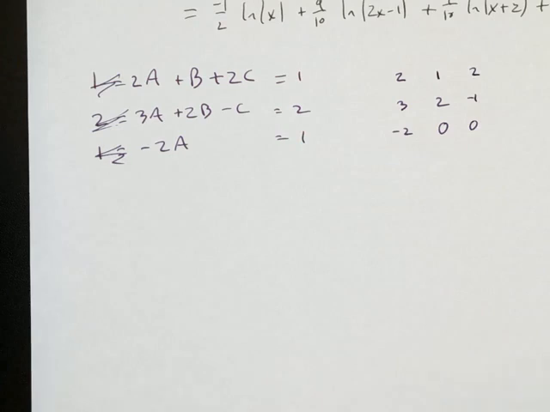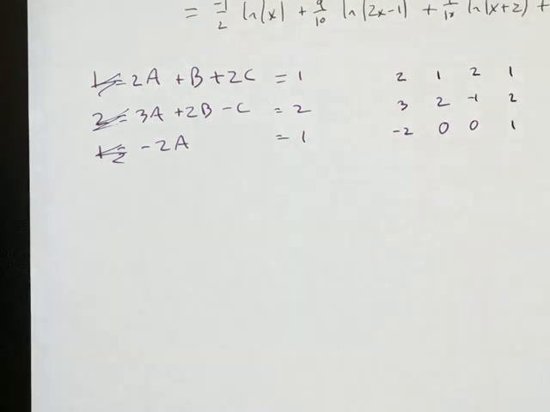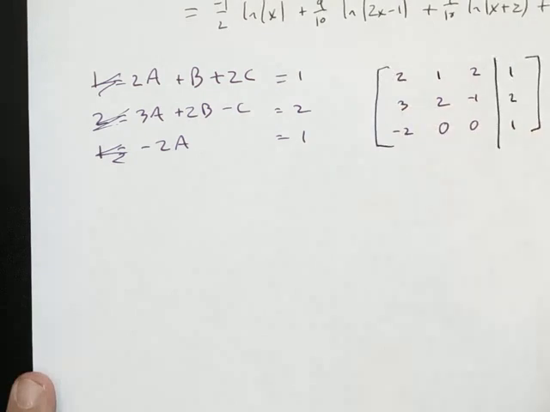And then the fourth column, all the way on the right, are just numbers 1, 2, 1. This is called an augmented matrix. And it's the subject of some things we do in a course called linear algebra, but I can use it right here to solve simultaneous equations.